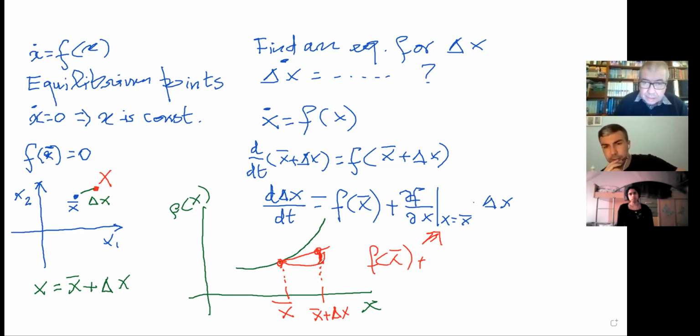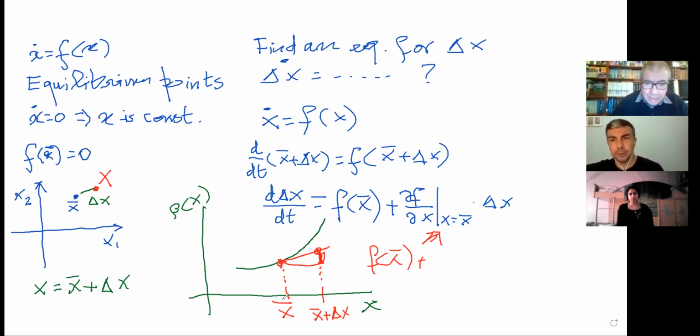And the slope is the derivative, computed at this point. So you don't compute the derivative at that delta x, you compute it at x bar. Is it okay? Now I understand.